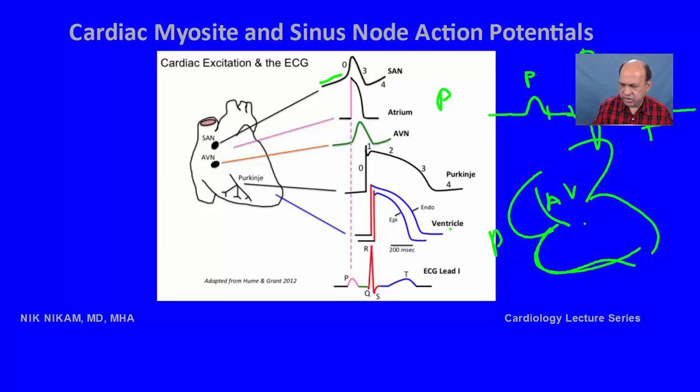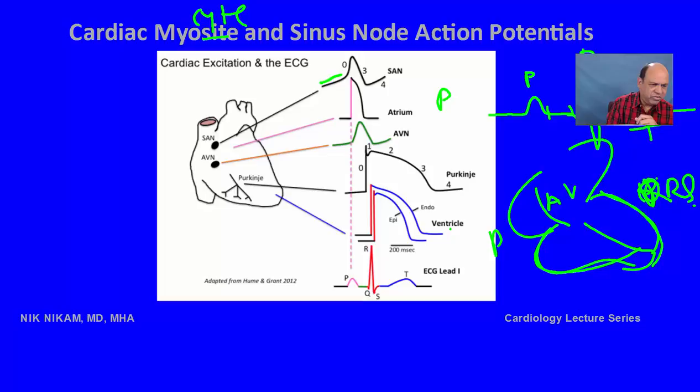Then the ventricular contraction is represented by the QRS complex, and the relaxation is represented by the T wave. So this is followed by contraction of the ventricles, pumping of the blood through the aorta and into the pulmonary arteries, into both the systemic and pulmonary circulation. So ladies and gentlemen, oh, there is a typo here, sorry, it should have been myocyte.